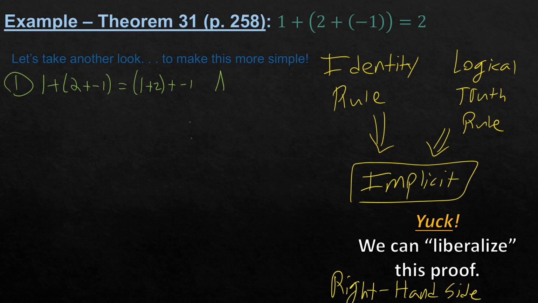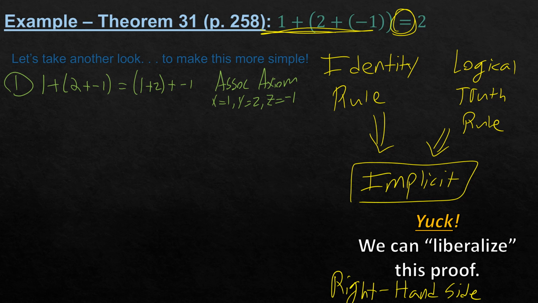And that's just the associative axiom, where x is equal to 1, y is equal to 2, and z is equal to minus 1. And here, the left-hand side is good to go. We have the 1 plus the quantity 2 plus minus 1. However, we don't have the 2 on the right-hand side. So the right-hand side is what we want to work with.